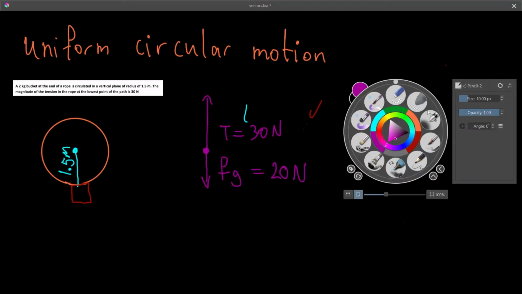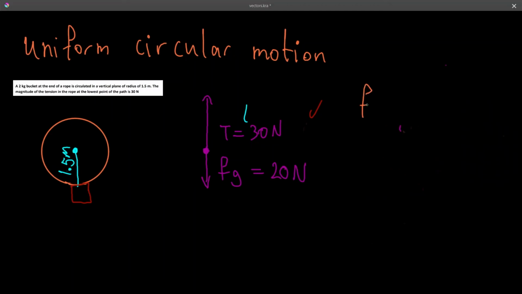And now all you have to do is just say F centripetal is equal to mass times A centripetal, where in this case, this is why we said F centripetal is the net force pointing towards the center. F centripetal is the tension minus Fg, so it's 30 minus 20, so it's 10, right?